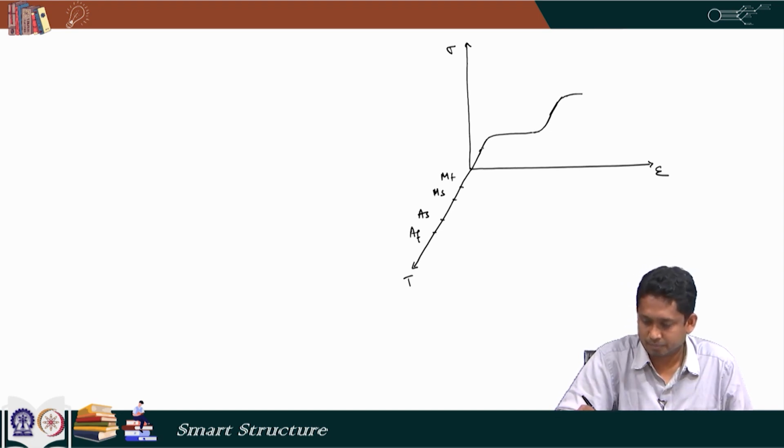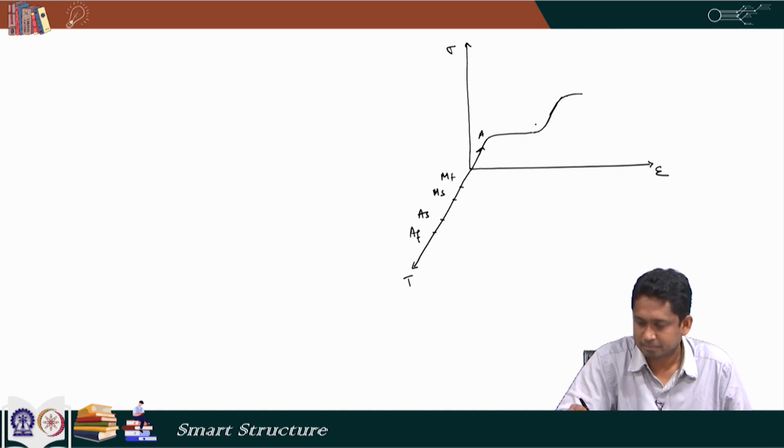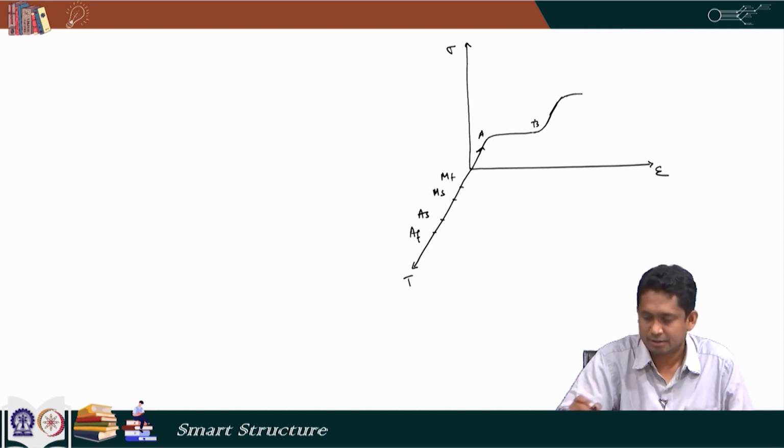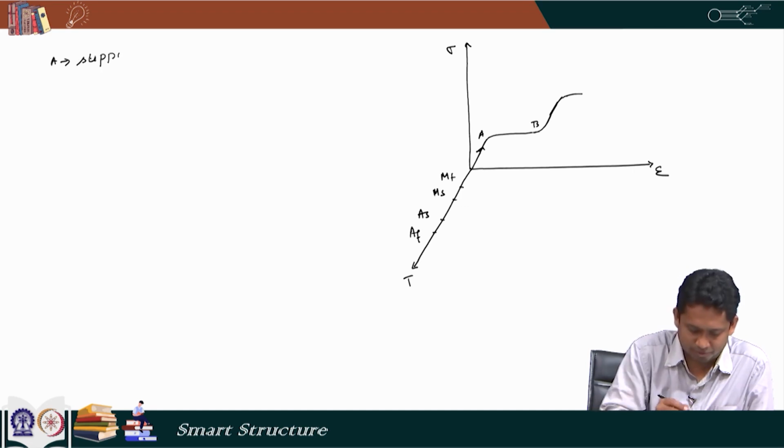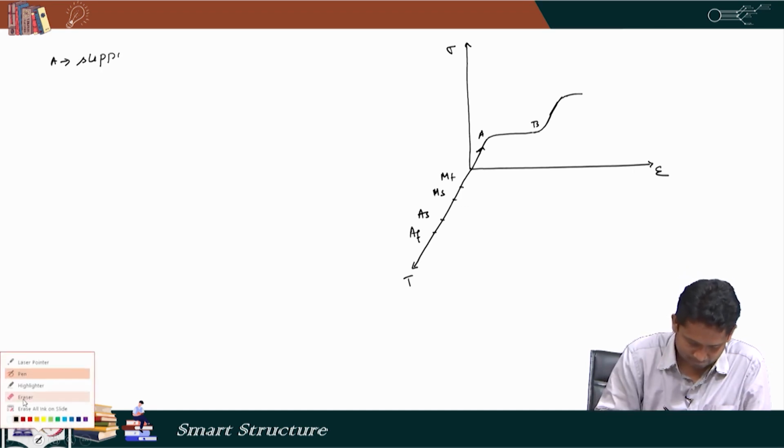Now, say we are increasing the stress, and we have point A here and point B here. At point A, not slipping, it is detwinning.